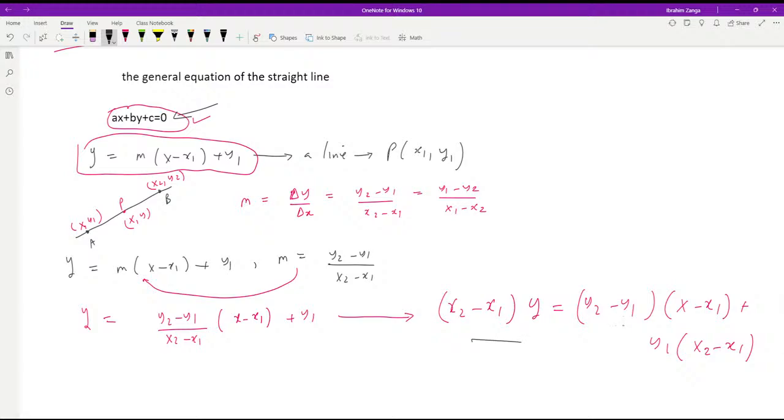this equation here, and I'm going to expand this one a little bit so that y and x are separated.